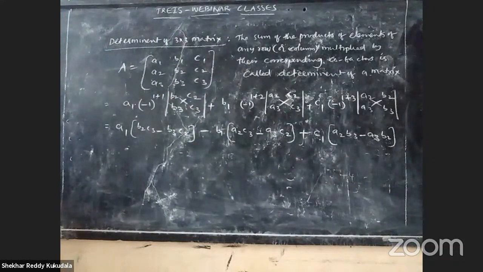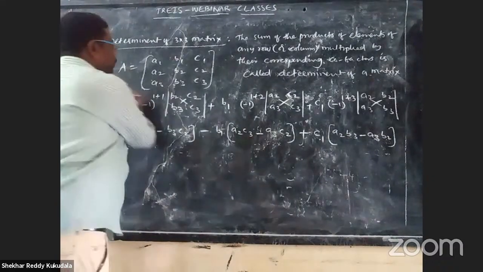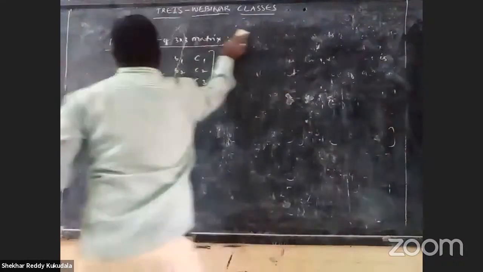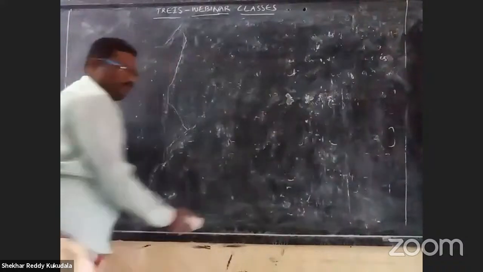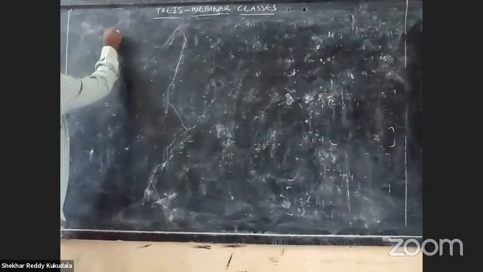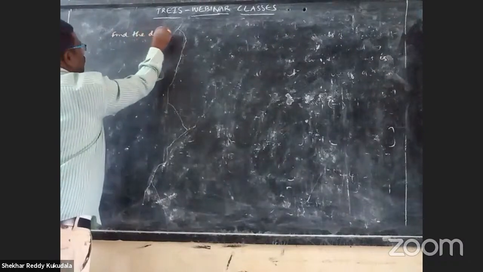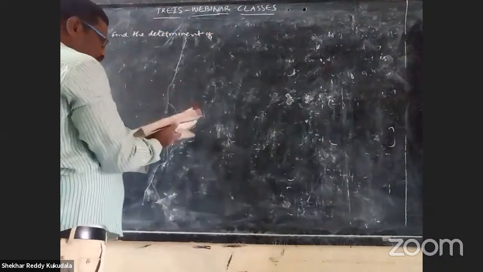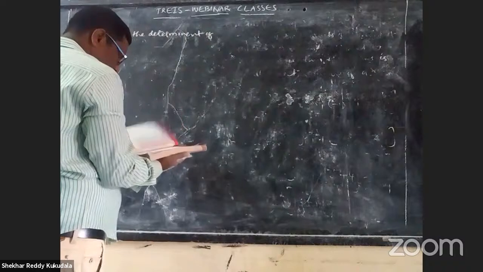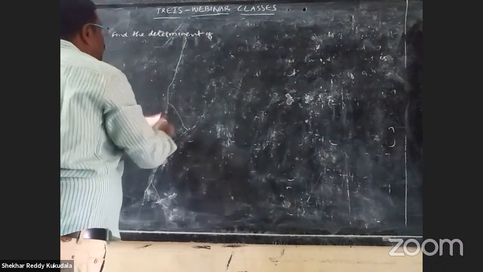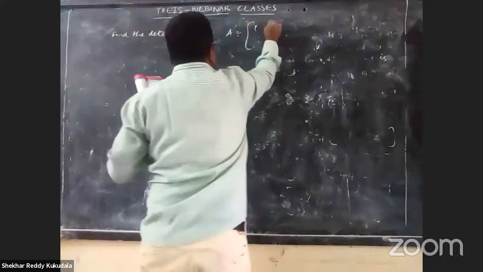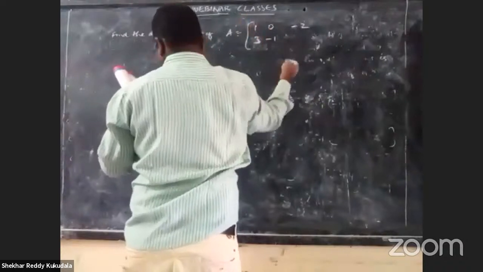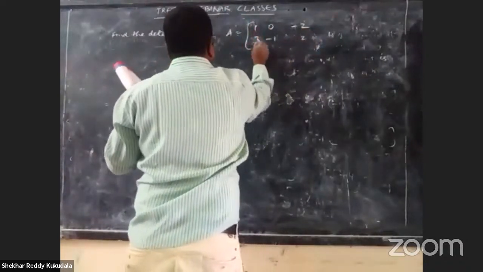So now I will do one example. Example: find the determinant of A equals 1, 0, minus 2, 3, minus 1, 2, 4, 5, 6.